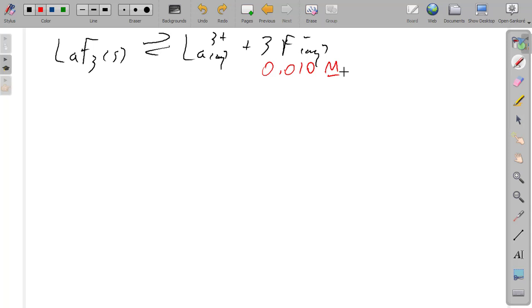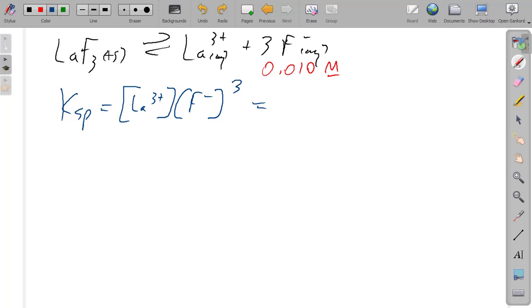Because again, Ksp is going to be equal to the lanthanum times the fluoride raised to the third power. But now we have the addition of this 0.01 molar fluoride. Oh no. No, still follow logic.